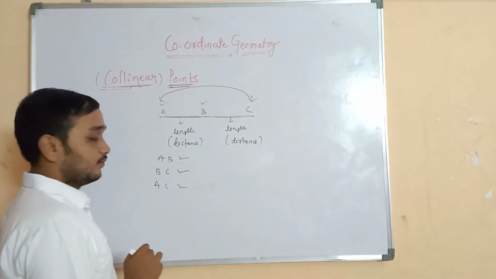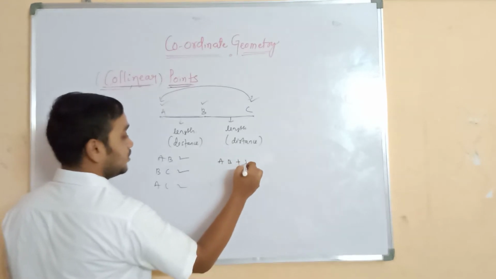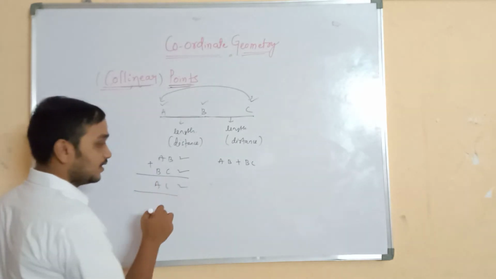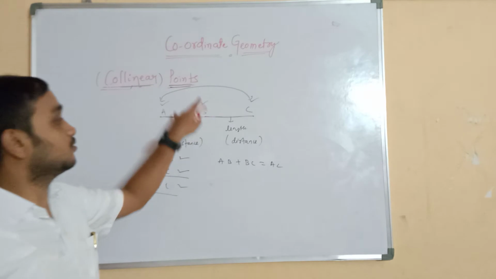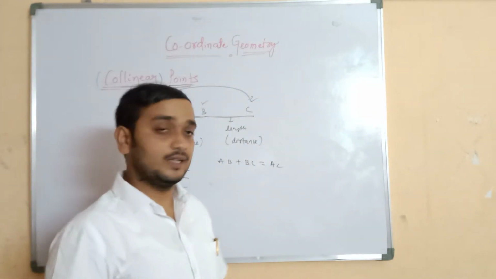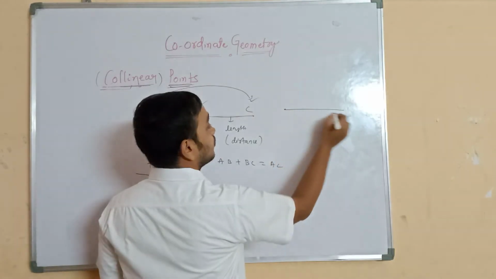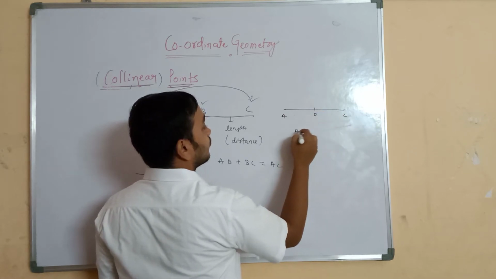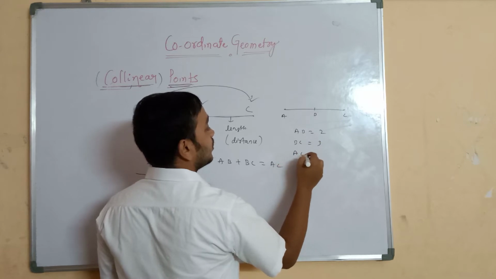Okay. Now if AB plus BC is equal to AC, then we can say that the 3 points are collinear. Let me take a simple example: AB 2, BC 3, AC 5.